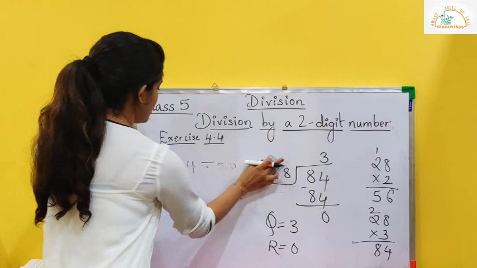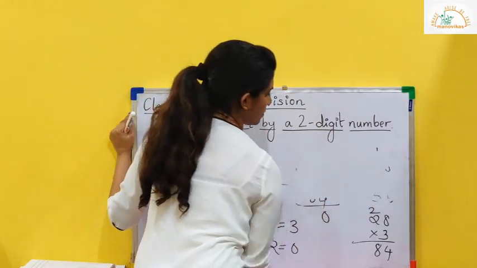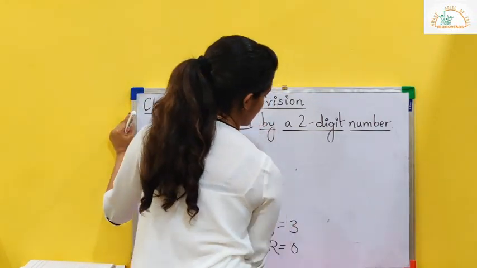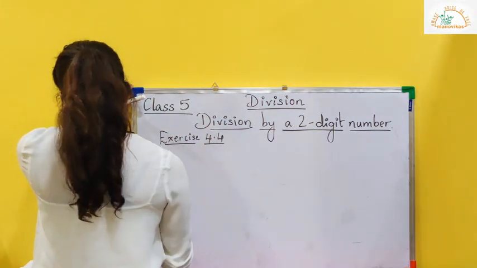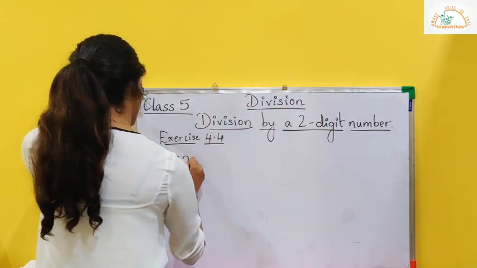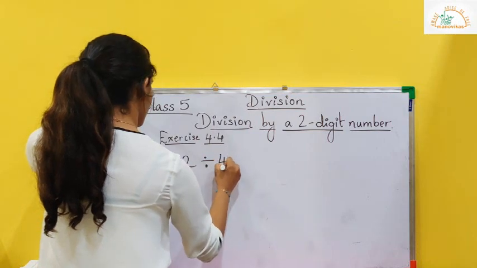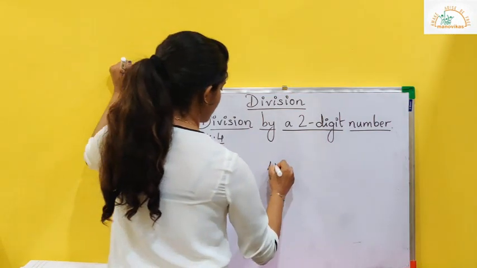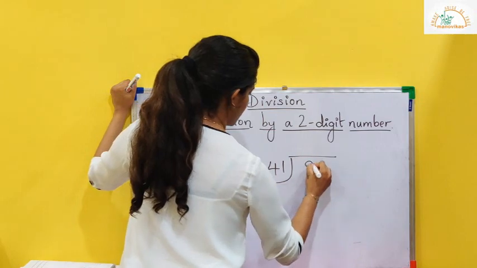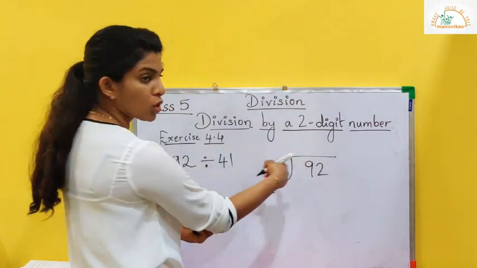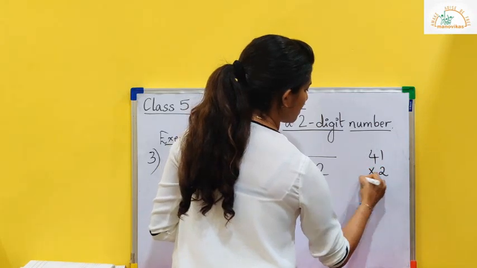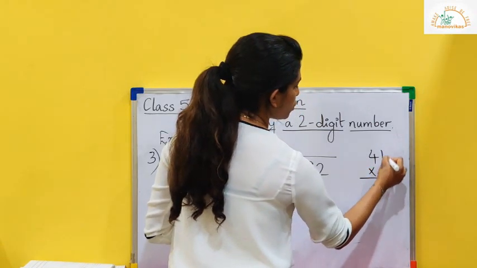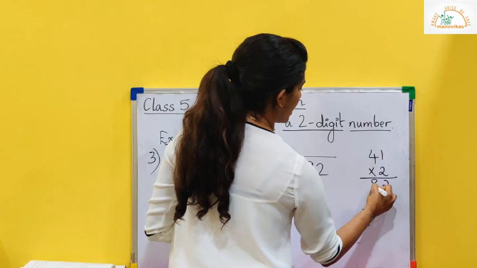Let's solve the third sum. 92 divided by 41. We do not know the 41 times table, so we have to check. 41 multiplied by 2: 2 1s are 2, 2 4s are 8.